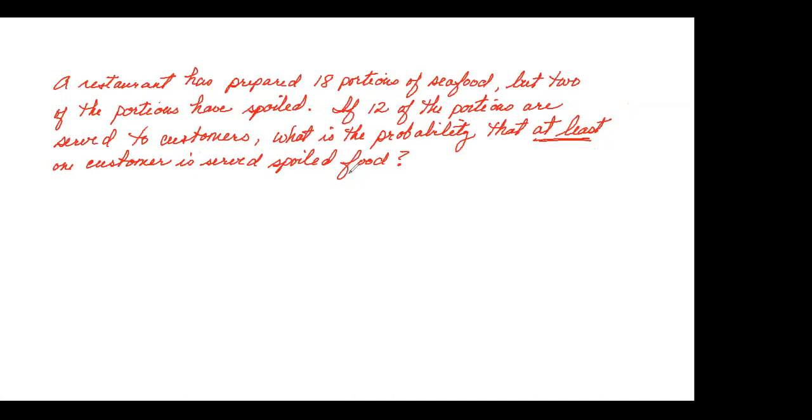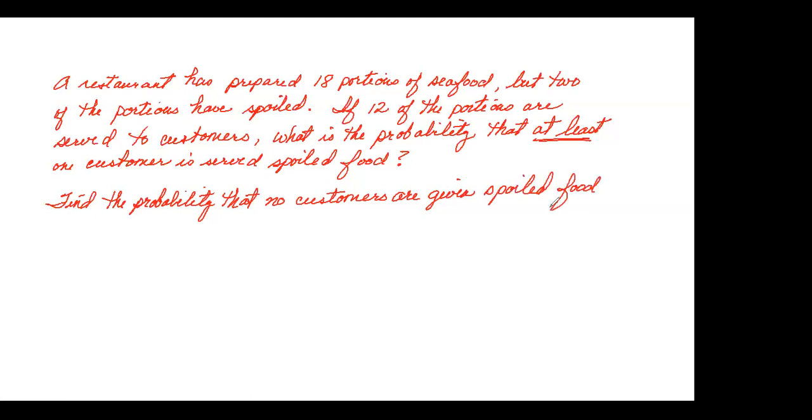Then we would have to calculate the likelihood that two customers were served spoiled food. So this can get pretty complicated. But what if instead we find the probability that no customers are given spoiled food? And then we want to subtract from 1.